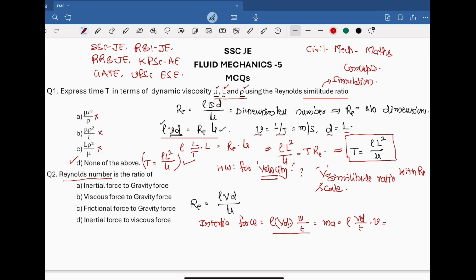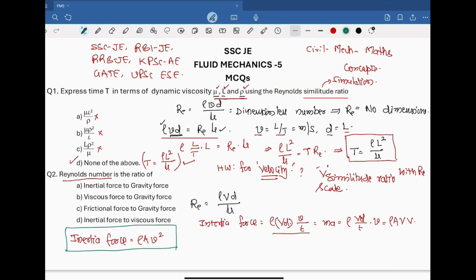Volume by time is equal to area into velocity, so rho into a into v. That means inertia force is equal to rho a v square. Please remember this, very very important derivation. Rho a v square is the inertia force.